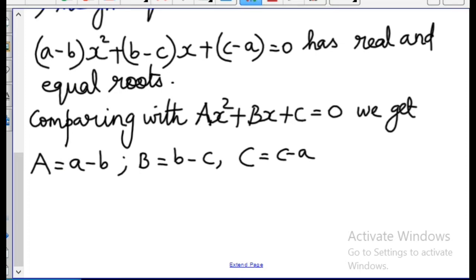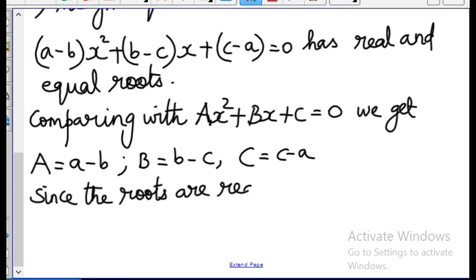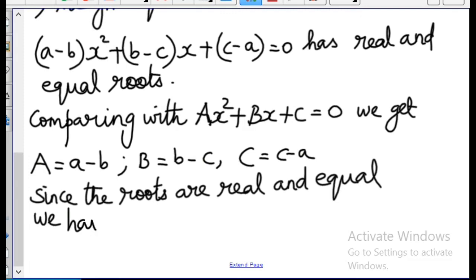So you can take it as c minus c. Since the roots are real and equal, it is given real and equal, we have delta equal to 0.